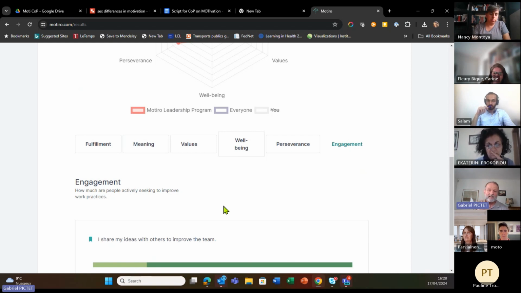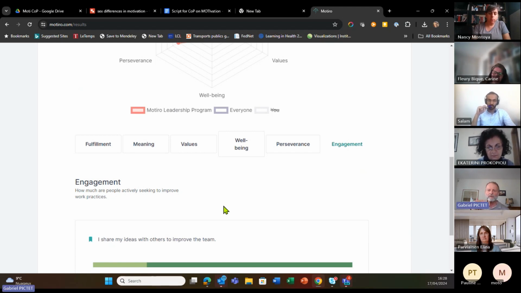So I would even take that a step further, and I don't know what you think. This could be about inclusion, about gender inclusion. Maybe some supervisors are going a little further in encouraging women rather than men to share their ideas and to participate.